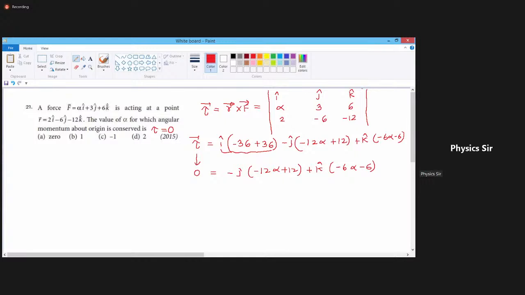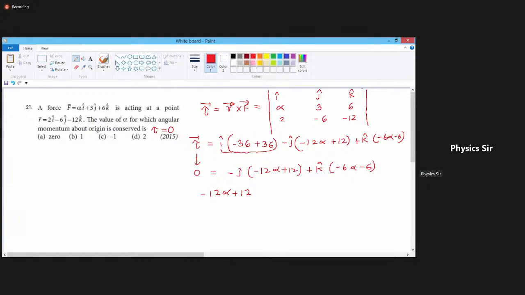So I can say, therefore, what I can write here is 12 alpha plus 12, minus 12 alpha plus 12.